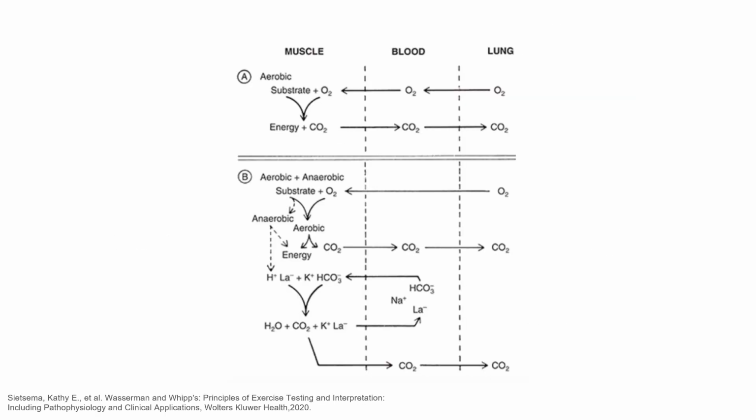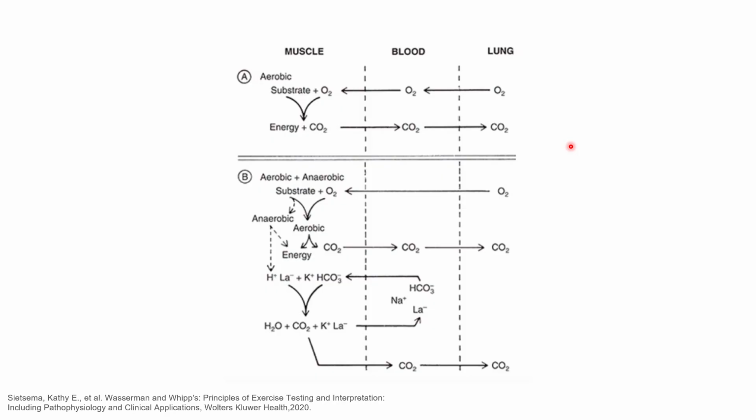This last slide is just to highlight again that during exercise, our anaerobic metabolism supplements our aerobic metabolism. Here you can see during aerobic metabolism we have oxygen that makes its way to the muscle and the mitochondria, where in addition to the substrate, energy and carbon dioxide are produced and then leaves the body.